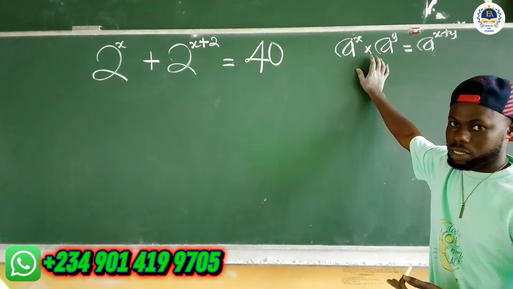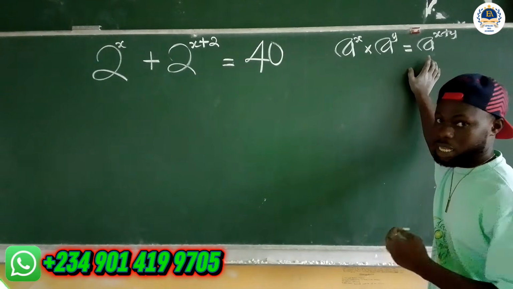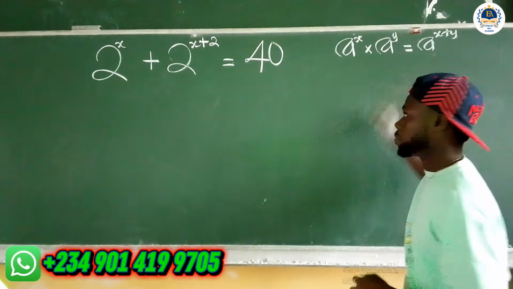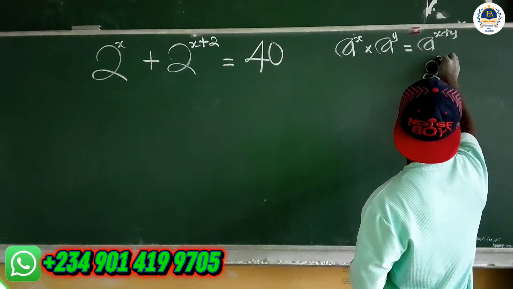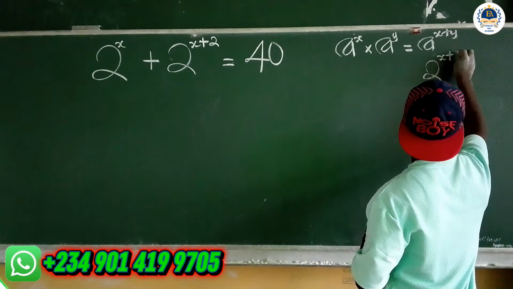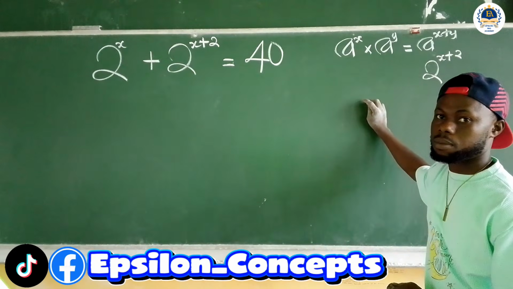If by comparison I want to compare this with the principles established, we're going to have 2 raised to the power of x plus 2. That is literally what we have on the board.